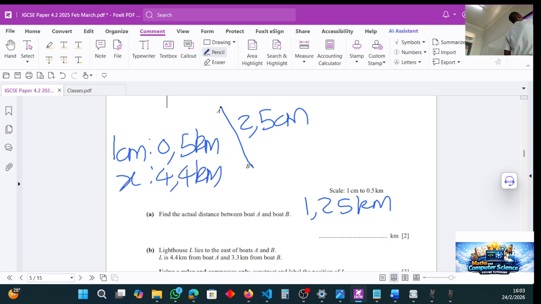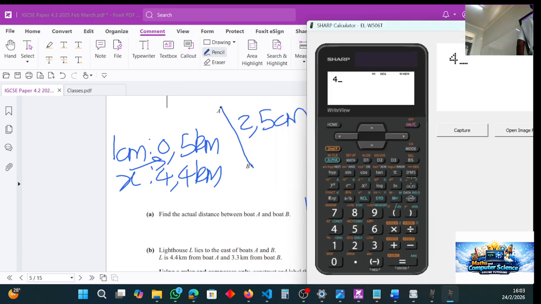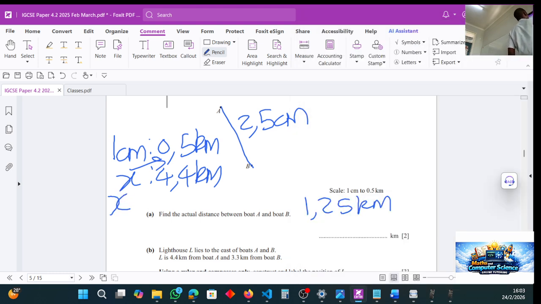On the paper, how long will it be? We take 4.4 divided by 0.5, and the result is 8.8. So we have 8.8 centimeters for L from port A.